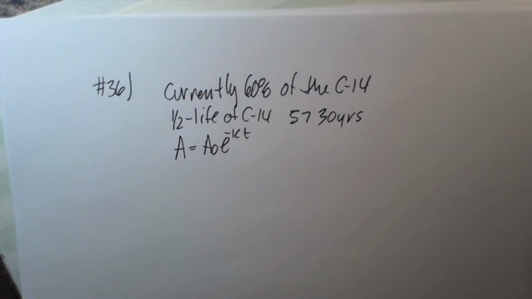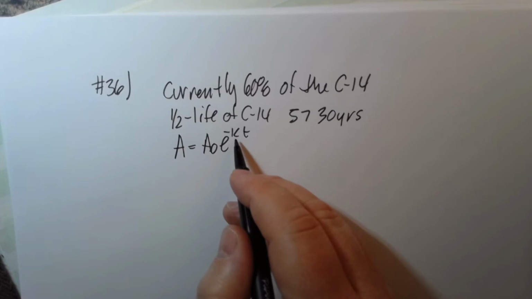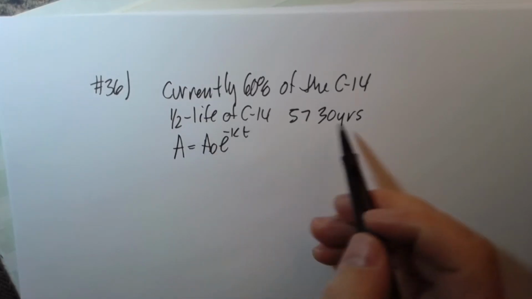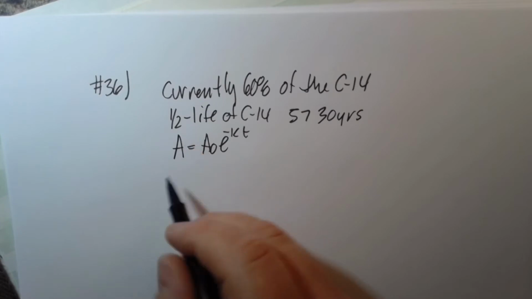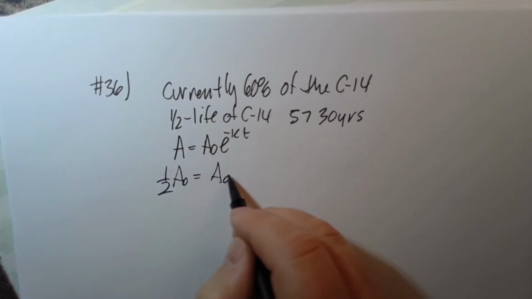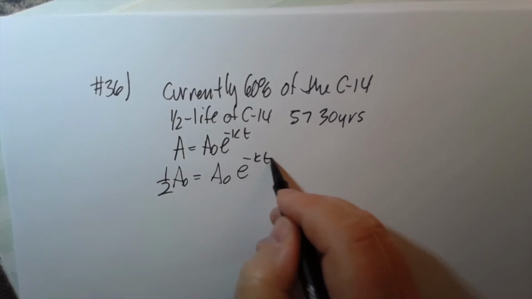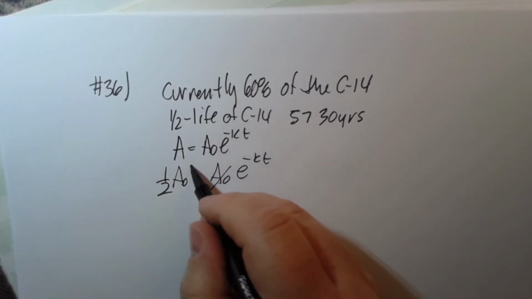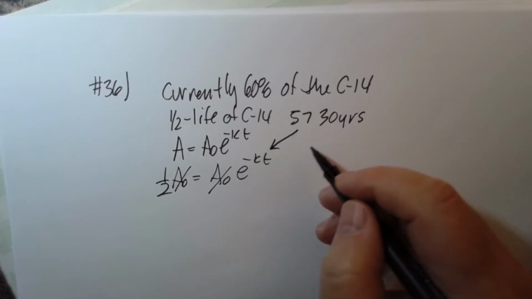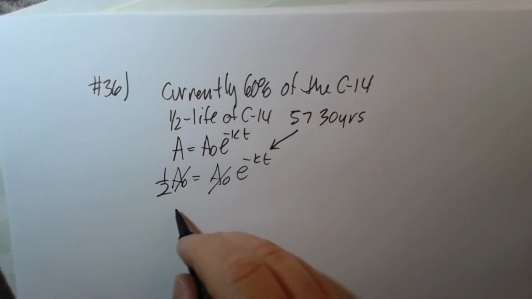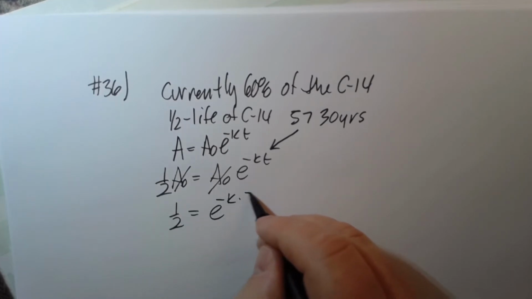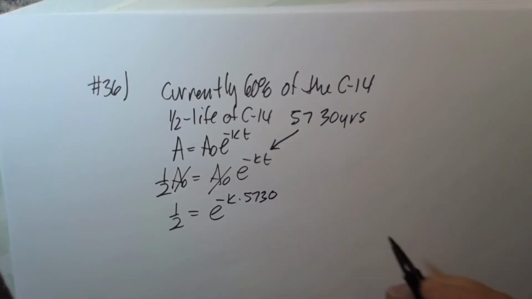Now what I want to figure out is k. So what does half-life mean? Half-life means the amount of time until you get half of what you started with. So half of what I started with would be half of A naught, whatever that is. We don't even know, those divide out. And this has to be the 5,730. So I get half is equal to e to the minus k times 5,730.